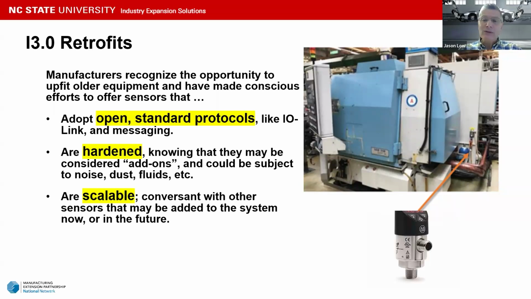They need to be hardened because sensor companies, or companies that make all of these devices, never know where they're going to go. So a lot of these devices are off the shelf as being hardened. They might have an IP rating of 67, 68, 69, where they need to be in dusty environments or washdown environments. So you'll find that those are very easily attainable now on the market.